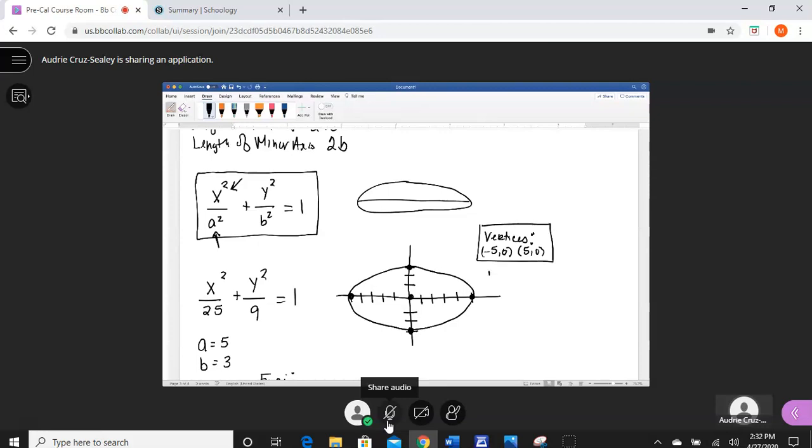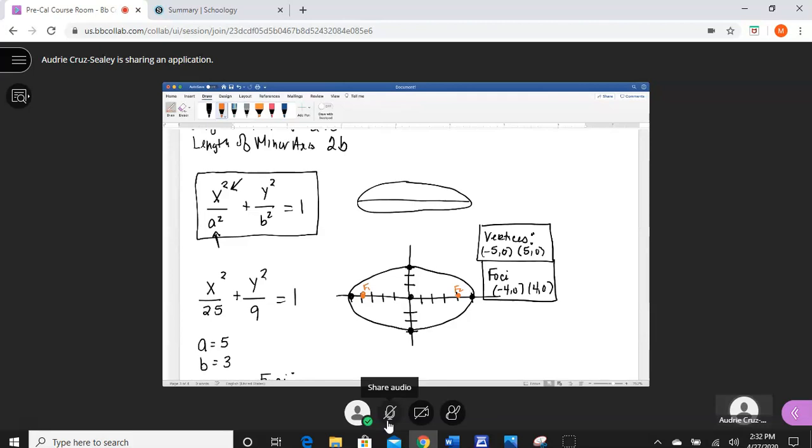Your foci, I'm filling in the questions now. The foci would be negative 4, 0 and 4, 0. This is where your string was taped. And then you pull it straight and go all the way around and you would make this ellipse.